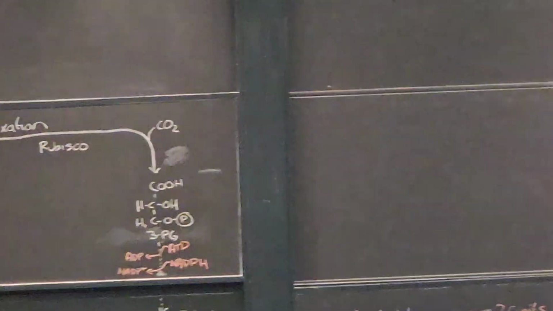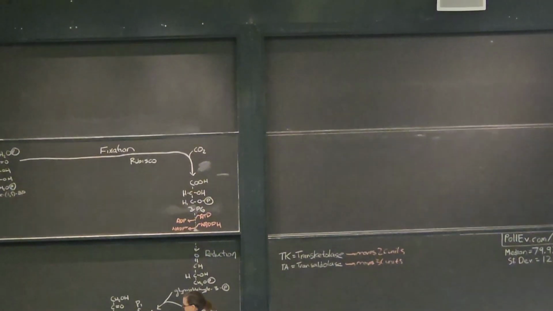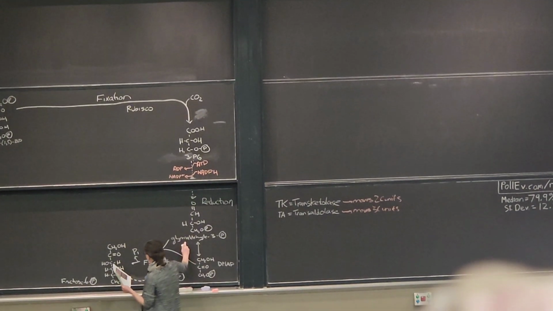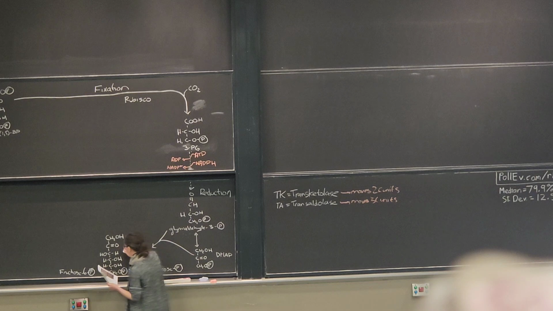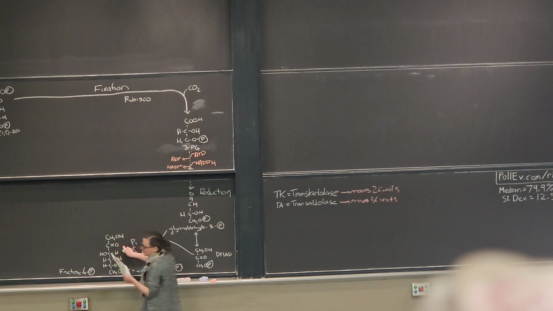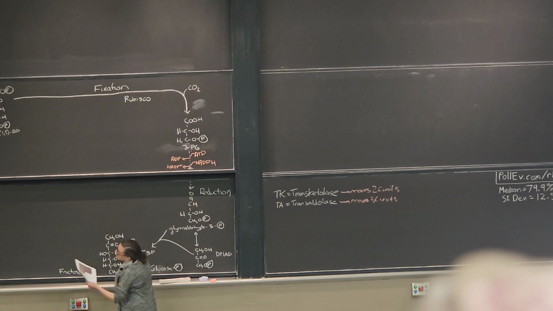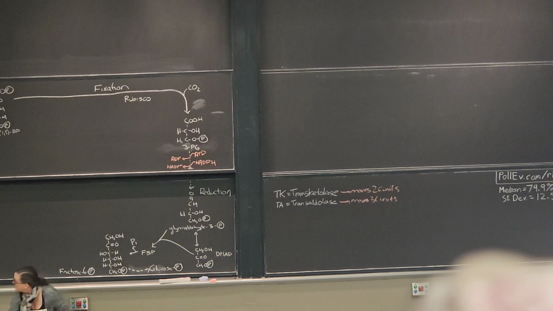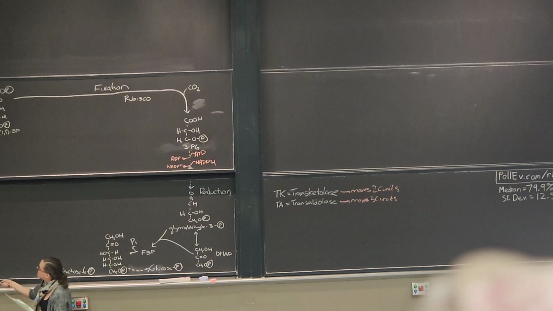And so glyceraldehyde 3-phosphate is obviously a 3-carbon sugar unit. And so the first step, the first swap that we're going to talk about here, is taking these 3 carbon units and swapping it with fructose 6-phosphate here, which is a 6-carbon unit, to generate the 4-carbon unit here, and then the 5-carbon unit here.